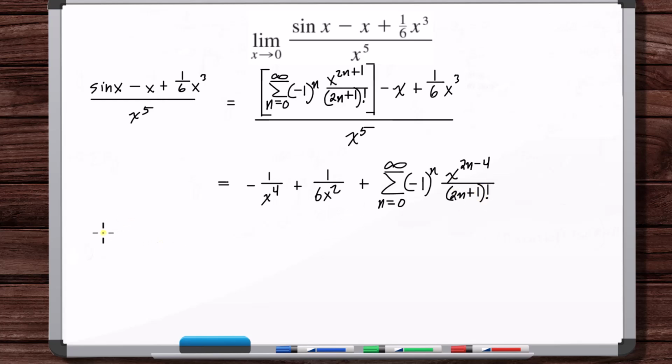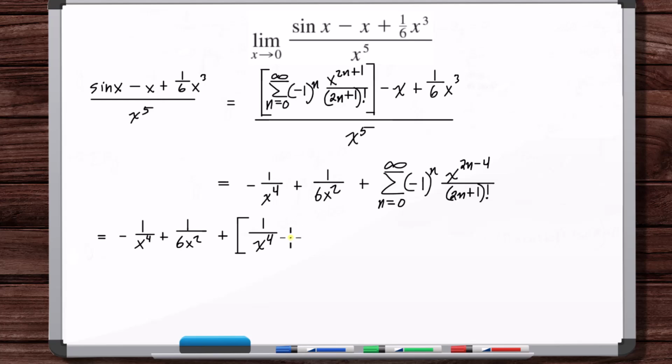Okay, when n is equal to 0, you've got x to the minus 4 over 1 factorial, and it's positive.